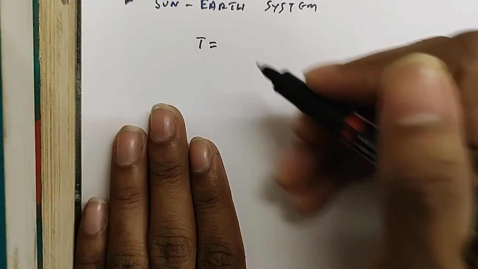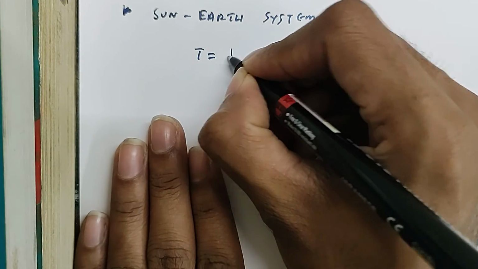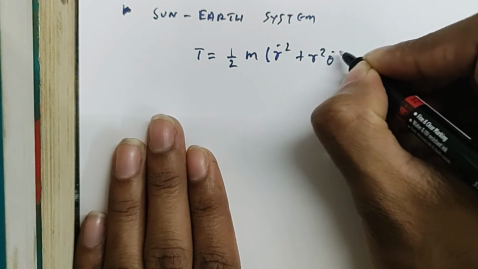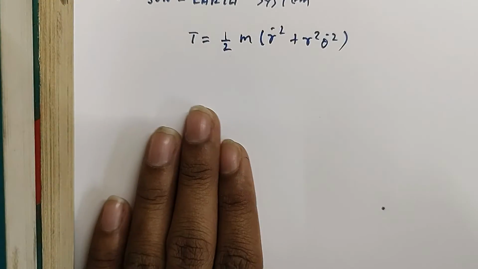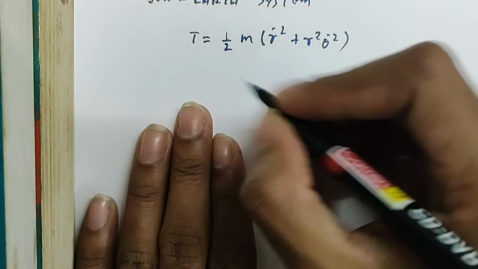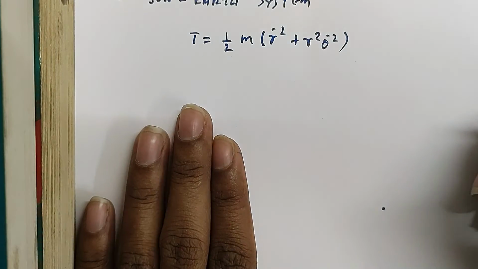Writing this equation, you will remember: half m times r dot square plus r square theta dot square. Remember, I gave you this as an example while discussing the kinetic energy.